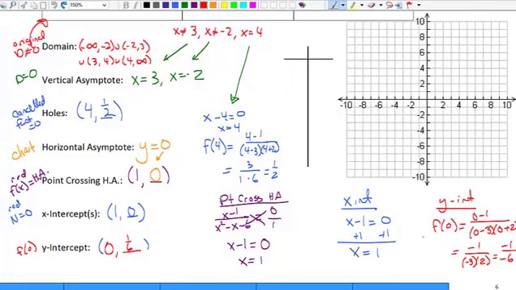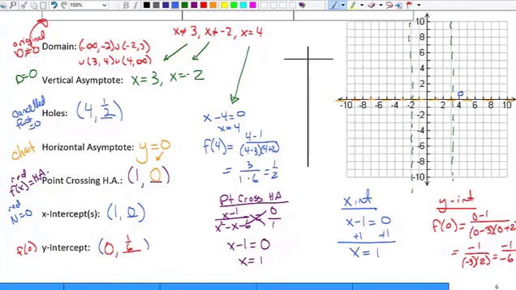Okay, so let's go ahead and plot every piece of information that we already have. I know I have vertical asymptotes at 3 and negative 2. I know I've got a horizontal asymptote at y equals 0, or the x-axis. And I've got several points I can plot. At 4 comma a half, I know I have a hole. So I'm going to put a little hole right there.